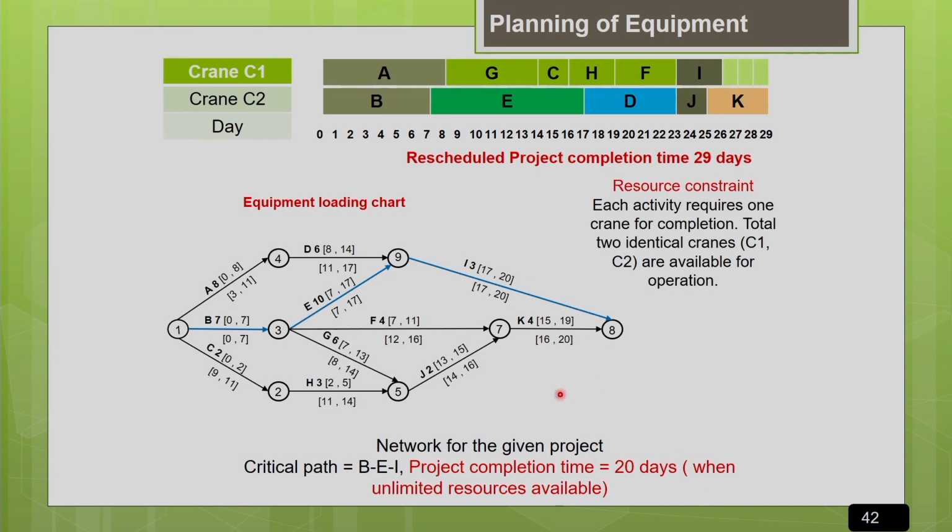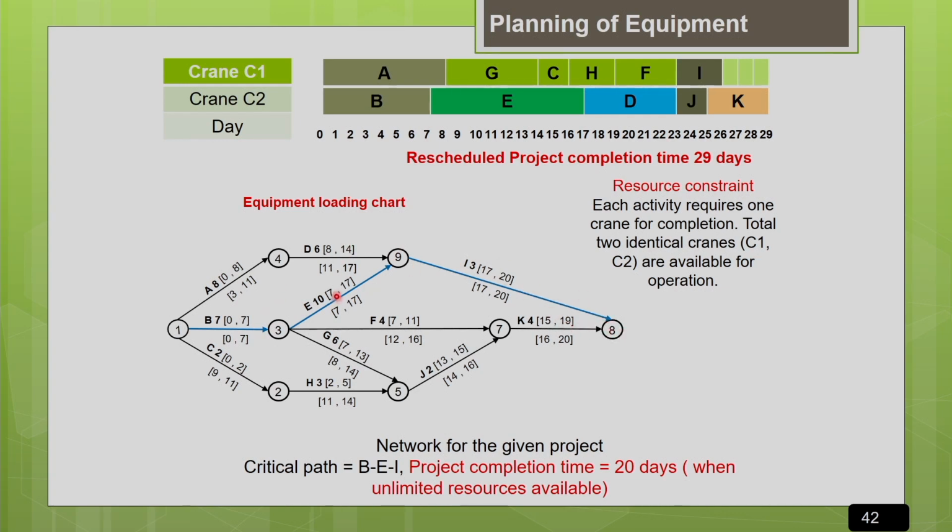The critical path of this project is B, E and I. The critical path is the longest path in a project, which decides the project completion time. Its duration is 20 days.